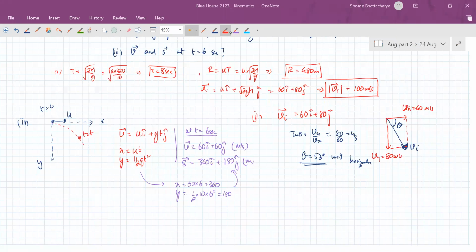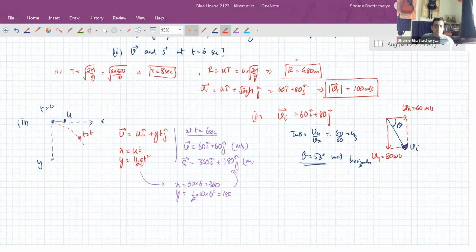Sir, I noticed something, will you please confirm, is it a coincidence or obvious? I took a ratio of the distances and even the time periods. The ratio is coming in square, like the distance is 3/4, so the time is coming 9/16. Can we use this relation in each and every sum, or is it a coincidence over here? It's a coincidence over here, beta, because actually the relationship is like this: whatever is the ratio of the time will be the ratio of the horizontal displacement, because the horizontal displacement is linear with respect to time.